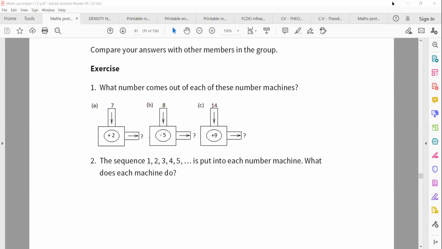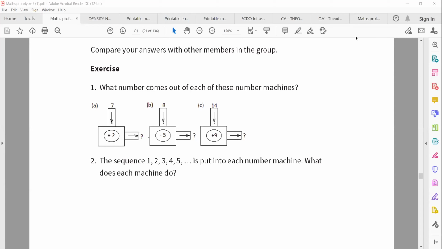What do you think would be the outcome of this machine? When they do some additions, what will be the outcome? Someone raised their hand.